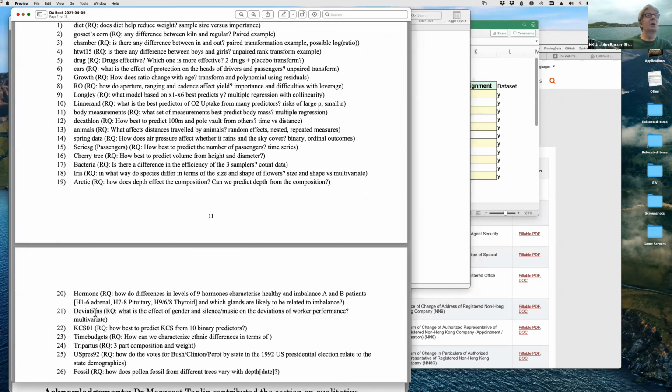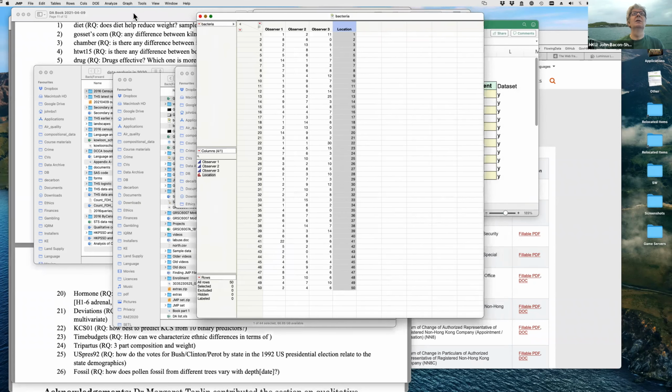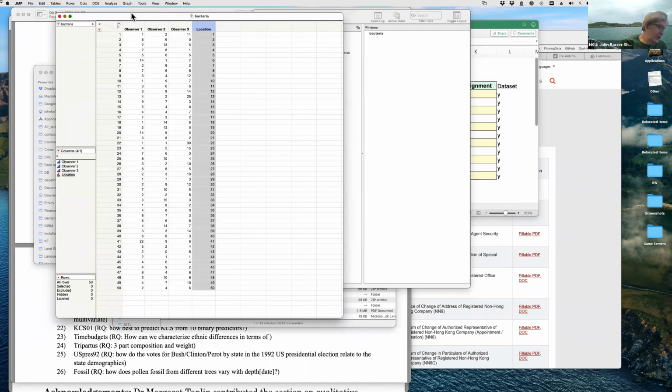So the next one, okay, before we take a break, let's have a look at the bacteria one. This one is interesting because this is count data. Now, this one, we cannot use the data set as we have been given it, so let me explain.